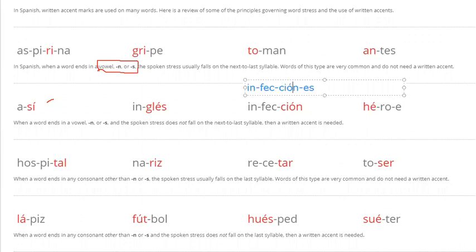And you might be thinking we would need the accent mark there, but actually, because remember, a word that ends in a vowel, N or S, which this is an S, it should be on the second to last syllable, which is where it is. So now that we made this word plural, oops, sorry, I got rid of it. But now that we made the word plural, I'll type it over again.